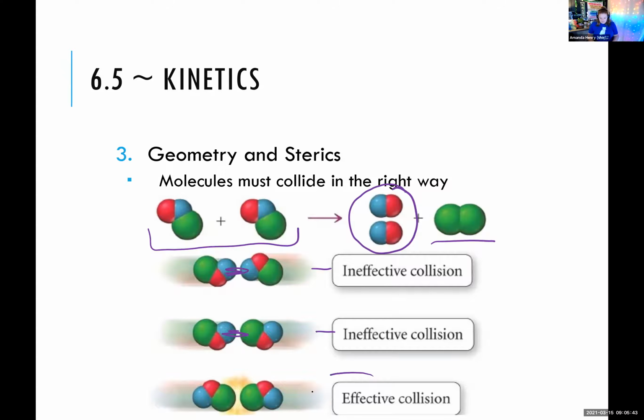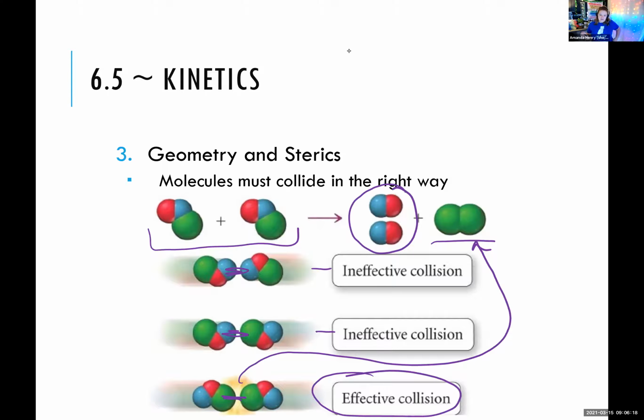But if the molecules run into each other, green to green, then those green molecules can form that green-green diatomic, and then the blue and the red ones will create the other molecules. So all of this picture is telling us that we have to have the molecules run into each other in the right way with enough energy in order for us to have a reaction.